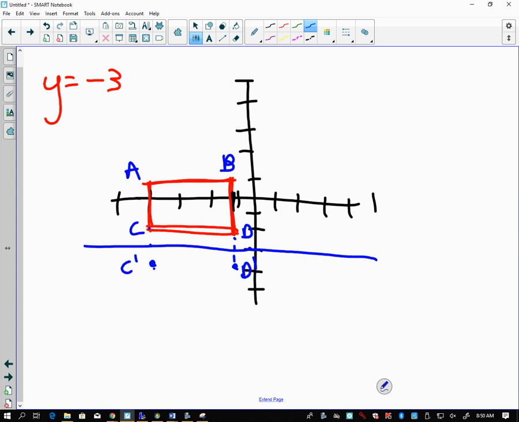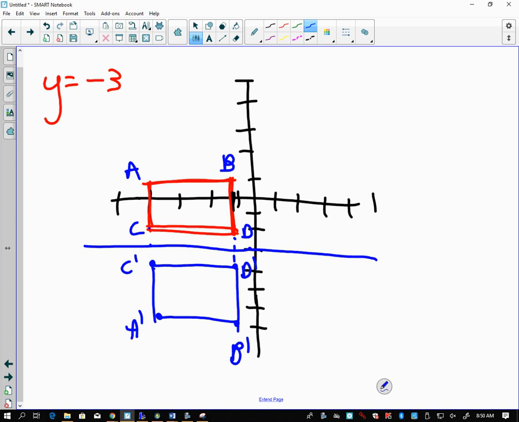Okay, now if this goes, what, 1, 2, 3, then my next points are going to go down 3 from there. So 1, 2, 3. Okay, so I wind up here and here with A prime and B prime. Okay, so then I'm looking at these coordinates as they're listed. Does that make sense?